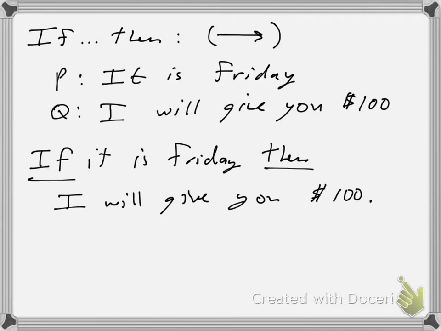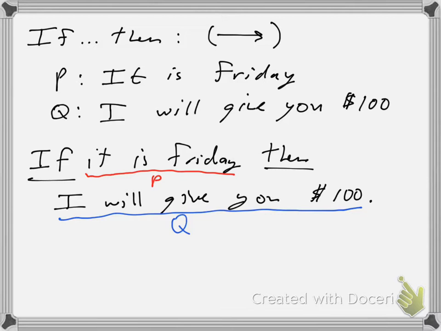That's a compound statement using an if-then. So what I do is I start off with the thing in front of the if, and then I end with the second statement. So this is my statement P right here, and this is my statement Q, right?